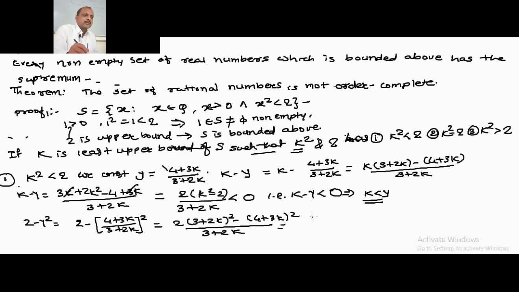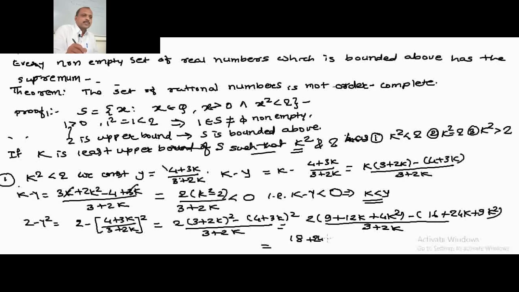Squaring, 2 into (9 plus 12k plus 4k square) minus (16 plus 24k plus 9k square), that is 18 plus 24k plus 8k square minus 16 minus 24k minus 9k square, divided by (3 plus 2k) whole square.